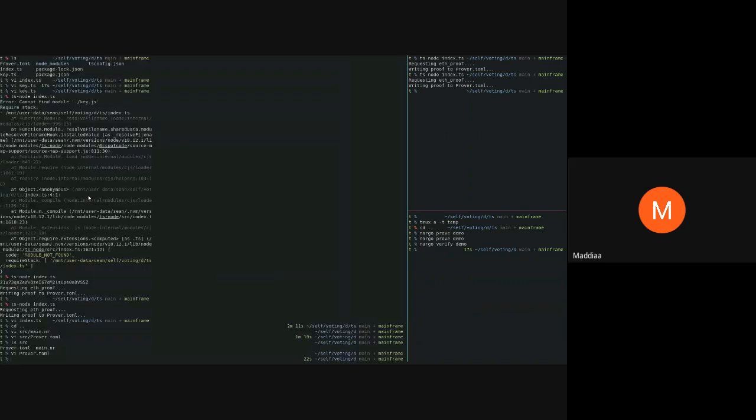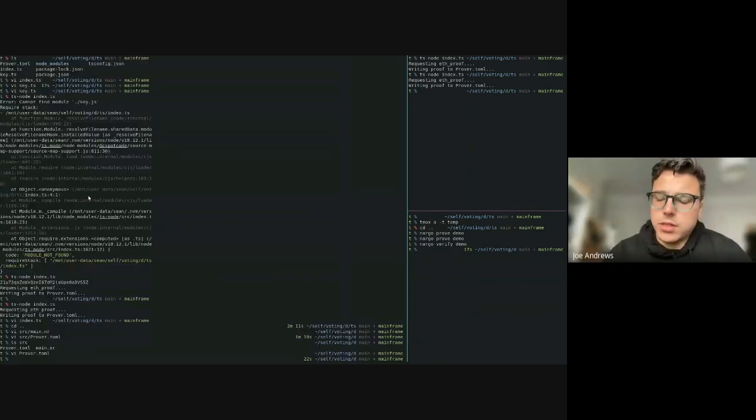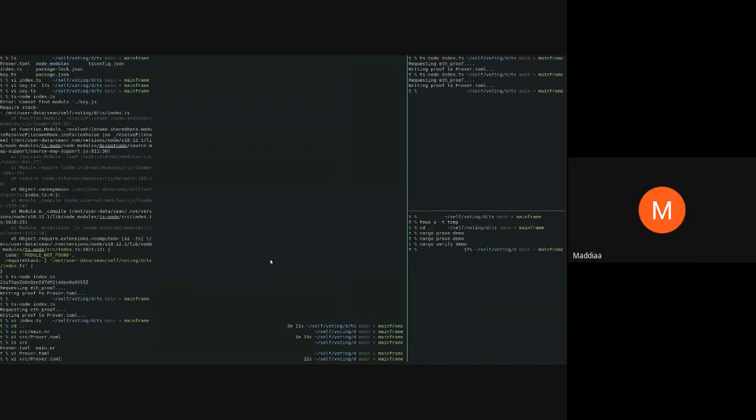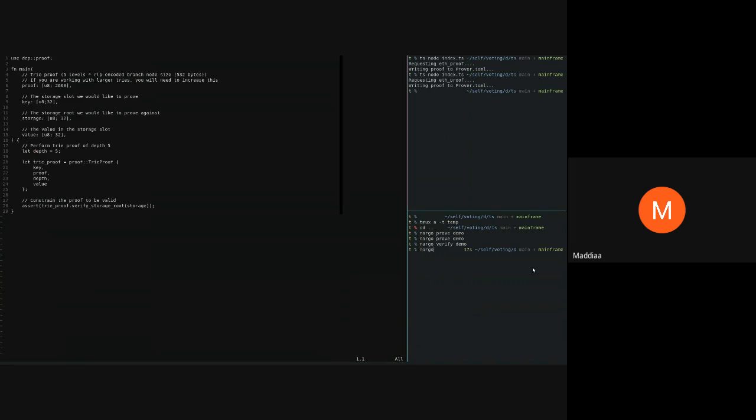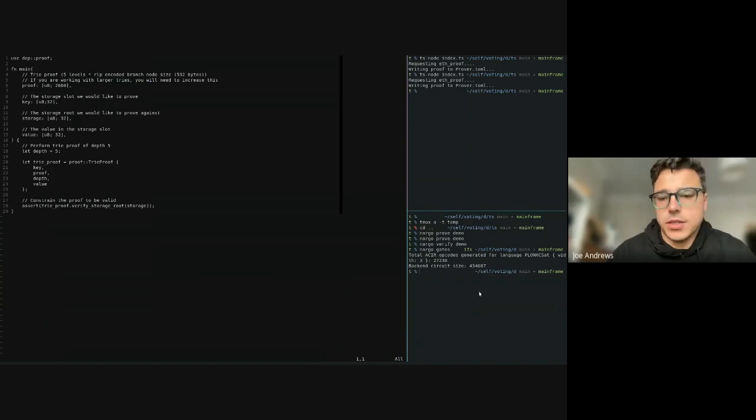How many gates is this? It's under the 512,000, right? Yes. I think, yeah, 434,000. So you'll be able to take this directly and use this in the browser without recursion.